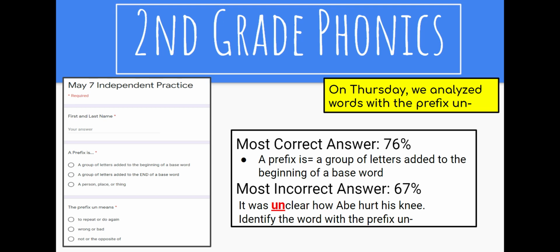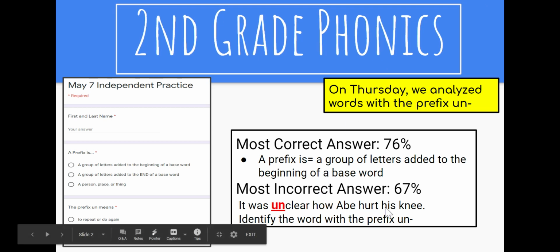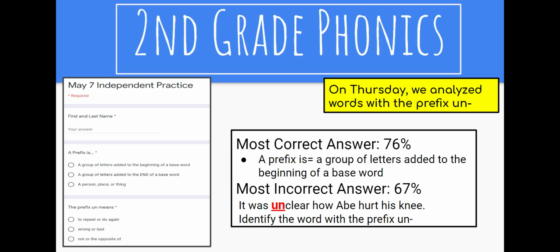The sentence read, "It was unclear how Abe hurt his knee." 67% of the second graders who filled out the survey were able to identify that the word unclear had a prefix un in it. But still, very great job, Kipsters, being able to identify prefixes and also just describe the meaning of what prefixes are.